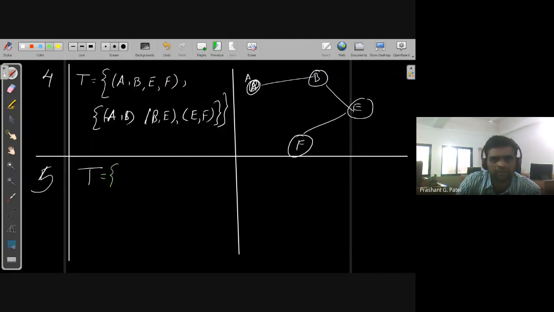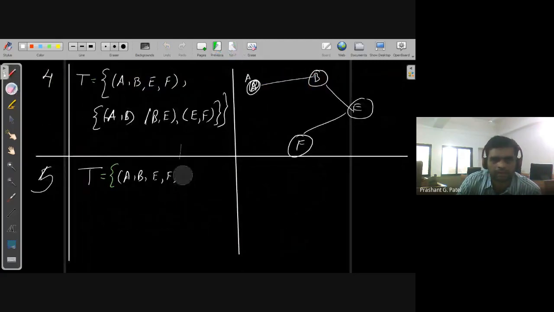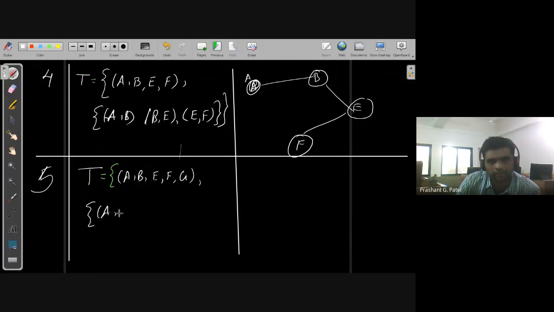So T is nothing but now A, B, E, F, and then G. So it is F and then G. And edges will be AB, BE, EF, FG.